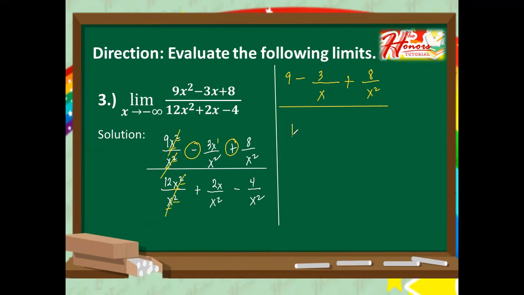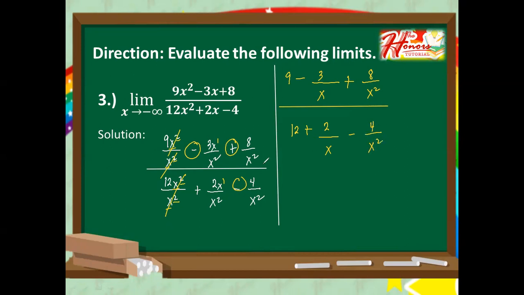So we have here 12 plus 2x over x squared. Copy 2, subtract the exponents. So we have x raised to 1 as our answer. Write it below. And then after that, copy the operation. So minus 4 over x squared.